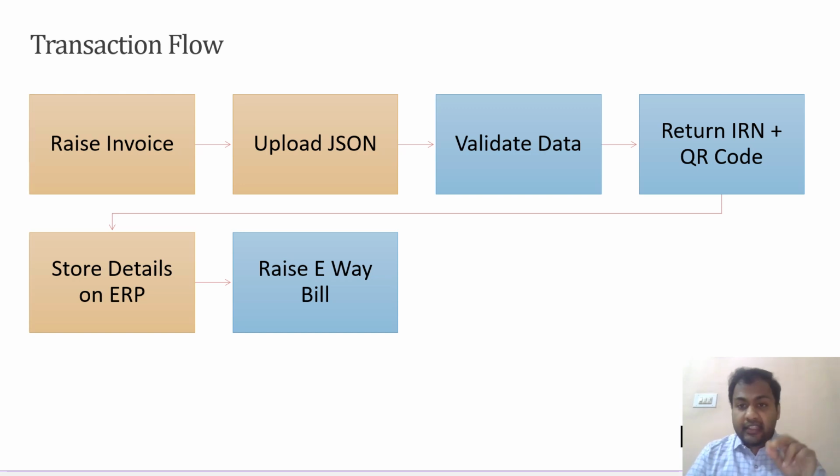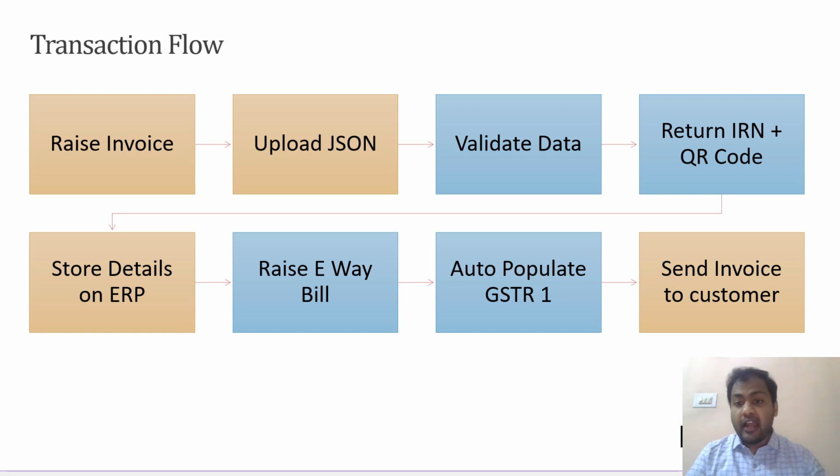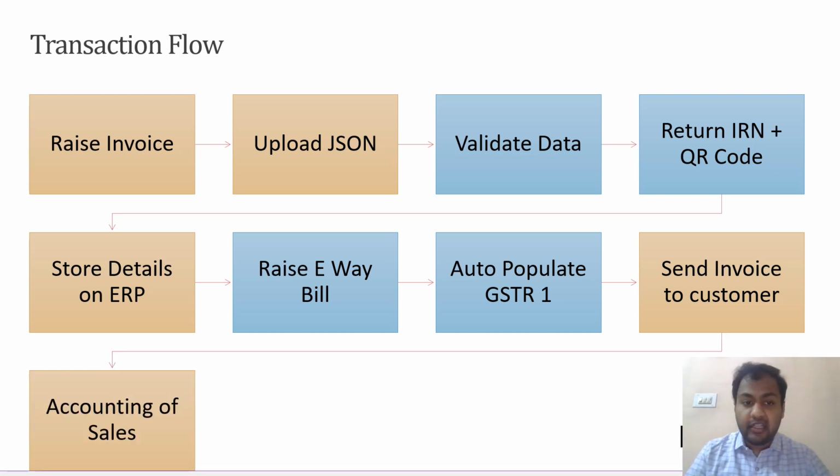Then the IRP will communicate all these details to the e-waybill portal, and the e-waybill will get generated. It will communicate with the GST portal, and my GSTR1 will get auto-populated, and I can send this invoice to my customer in the JSON format. His GSTR2A gets updated, and my accounting gets updated because I have raised the invoice.